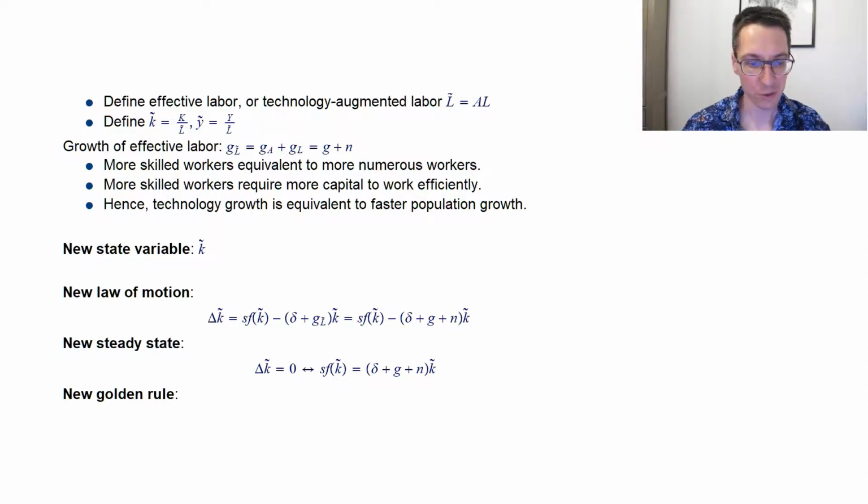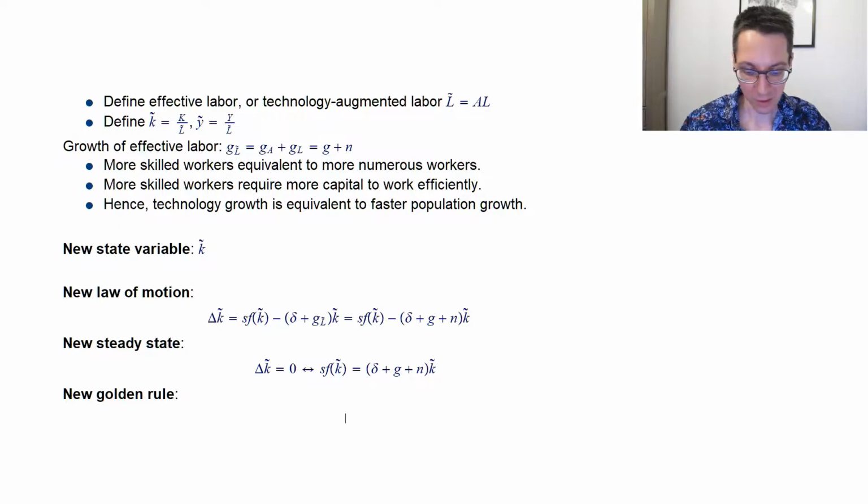Last thing to define is the new golden rule. Note that we can't define it in terms of consumption per capita, since it's never going to go to a steady state. But now the new steady state is consumption per effective worker. So again, all we have to do is a simple change of variable, and we can see what happens. I'm not going to go through the same optimization, but you can see it for yourself. We can just write it down.